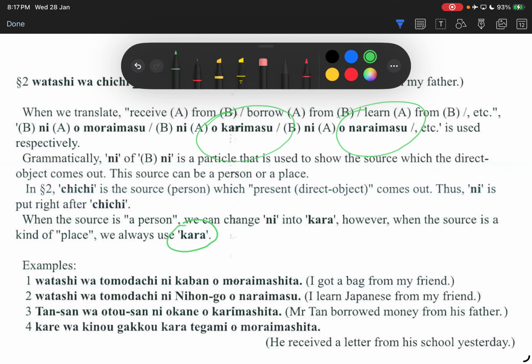So can you imagine Malaysia kara moraimashita? You receive from Malaysia. Huh? Very weird, right? However, Malaysia ni moraimashita means I receive from at Malaysia, that kind of thing. So ni is still used when we are trying to say non-person source. So this kara only for person.